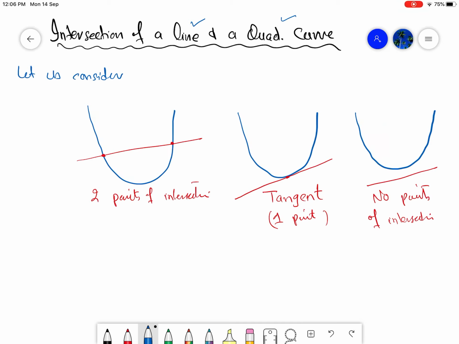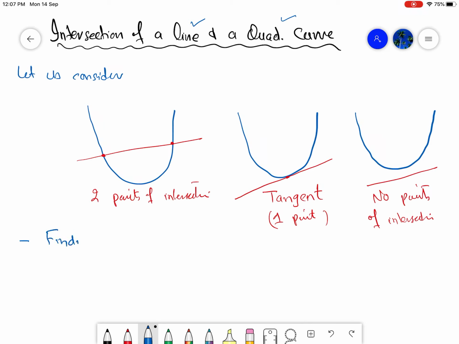Okay, so you already have learned how to solve quadratic simultaneous equations when one is a linear equation and the other is a quadratic equation. Our today's topic is basically finding the number of points of intersection when we are looking into a straight line and a quadratic curve.